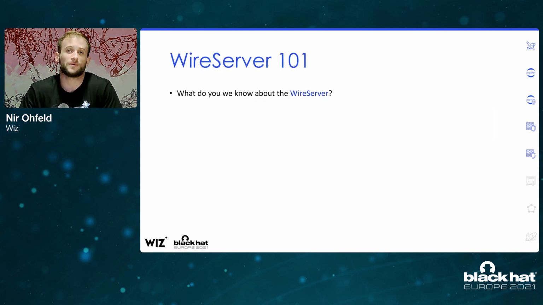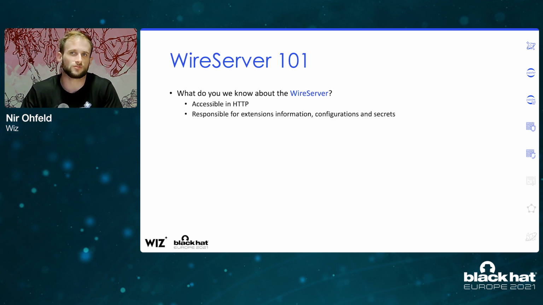What does the Microsoft documentation say about this mysterious endpoint called the WireServer? First, we know it's a server that is accessible over HTTP, and that this server manages the extensions of every Azure virtual machine. Extensions are just software applications that Azure manages. They can be first-party software, like Azure's Log Analytics agent, or third-party software that Azure supports, for example, Datadog.